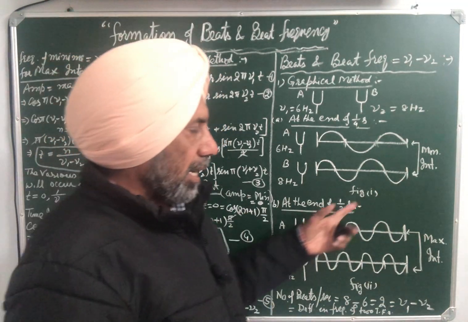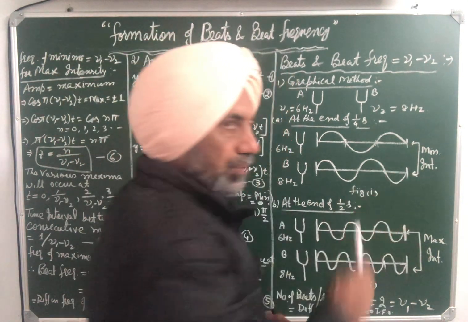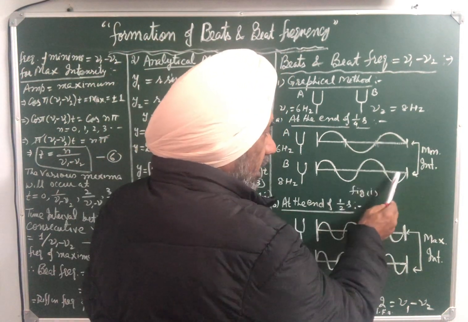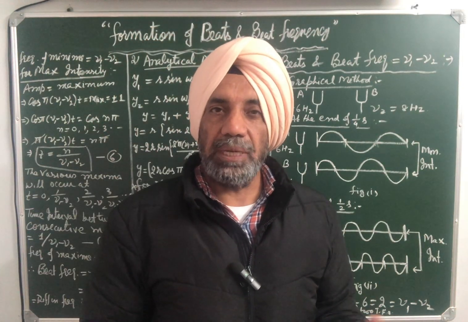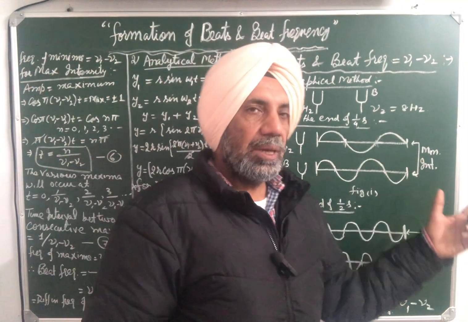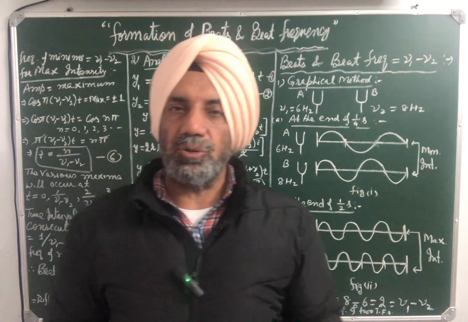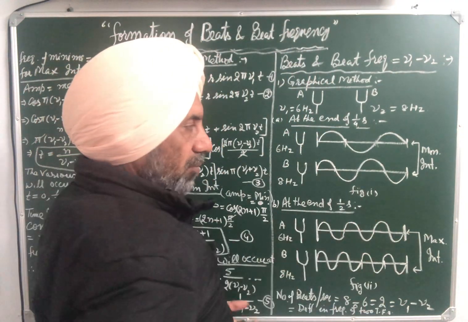Now what do we listen to? At the end of 1/4 second, crest of one is falling upon trough of other. It means amplitude is minimum and hence intensity is also minimum, because intensity is directly proportional to amplitude squared. This is shown in figure 1.